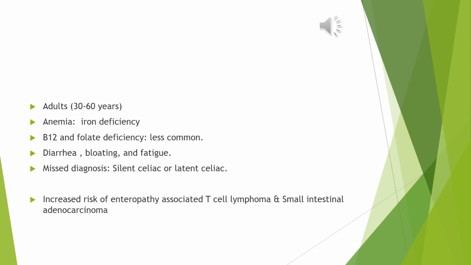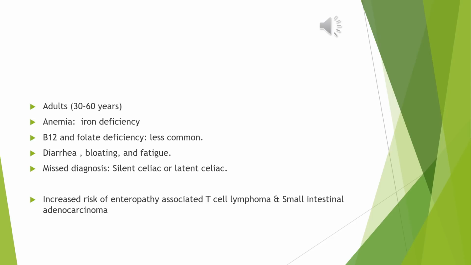The typical presentation is with malabsorption. Anemia, that is typically iron deficiency anemia, because the duodenum and the proximal jejunum are the main sites for the iron absorption. Vitamin B12 and folate deficiency anemias are less common because, as you know, vitamin B12 is absorbed in the distal small intestine, principally in the ileum, which is usually not affected in a patient with celiac disease.